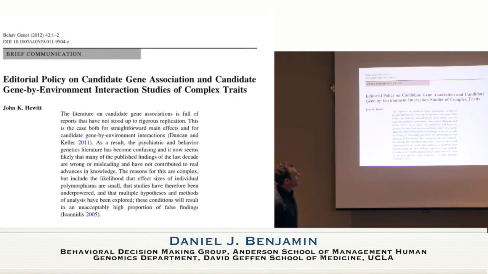I think there was some growing recognition around this time, although this was actually pretty early, in 2012. The editor of a leading field journal, Behavior Genetics, understood that there was a problem with the candidate gene studies at the time, and so it adopted a new policy that required replication of any candidate gene studies that were going to be published, and also put in some standards for how they had to control for population stratification and address multiple hypothesis testing.